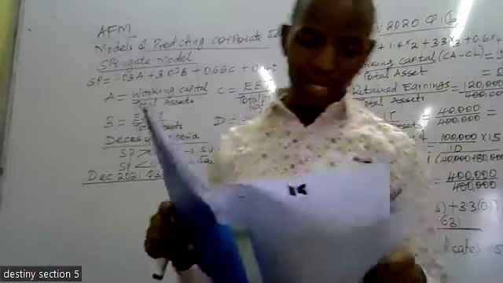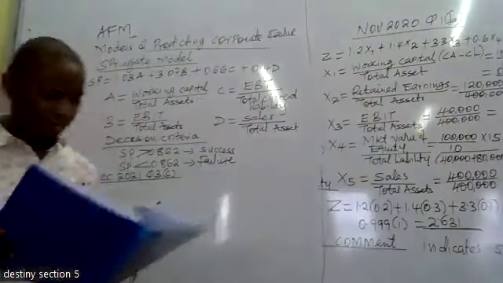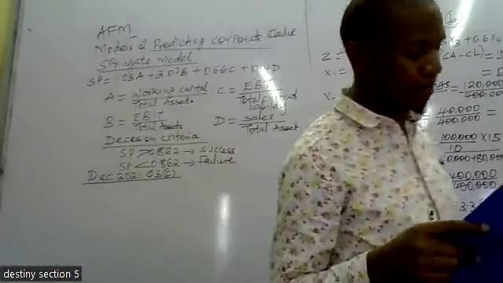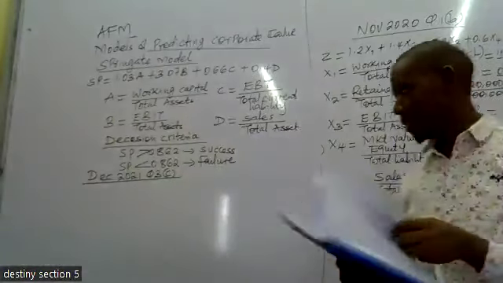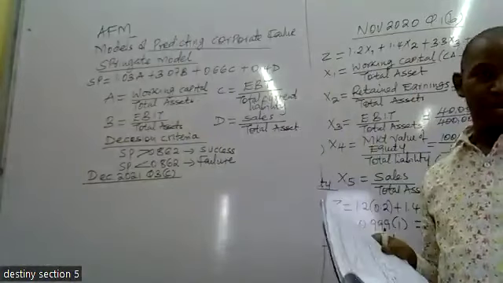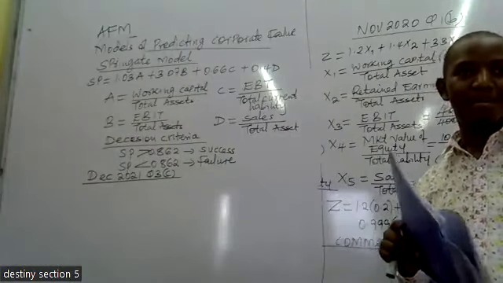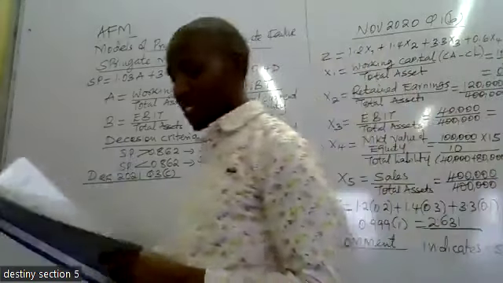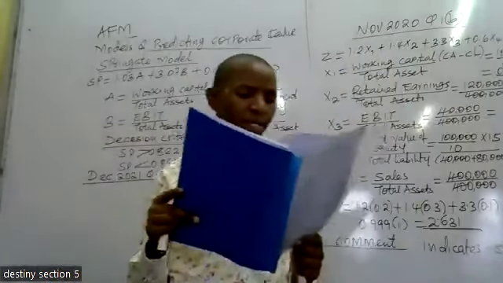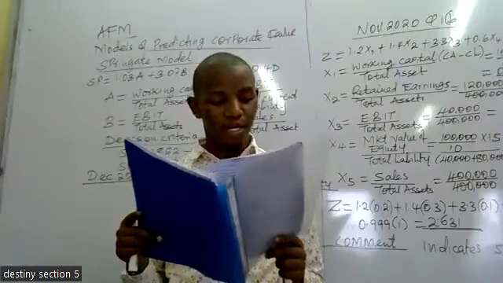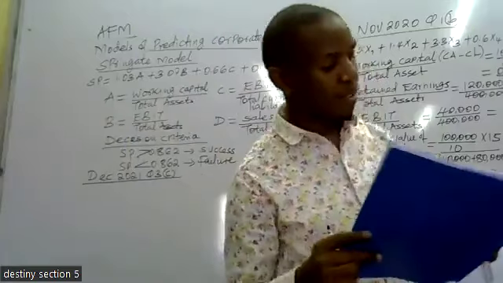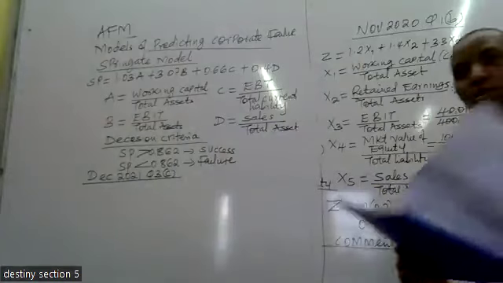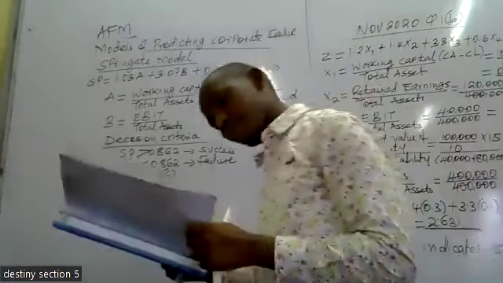Now, the following data relates to Kaban Limited, a company that operates in the manufacturing sector, for the year ended 31st December 2020. We have the sales, total assets, total liabilities, retained earnings, net working capital, earnings before interest and taxes, the market value of equity, book value of total liabilities.